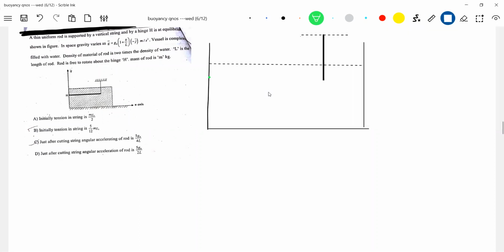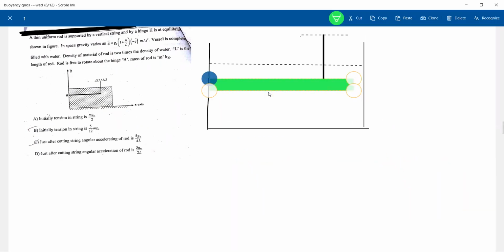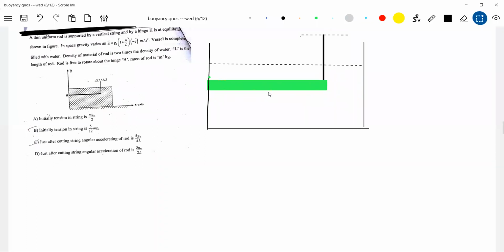Read the question, meanwhile I'll adjust the diagram. It is hinged here. The coordinate axes are y and x. The density of the material of the rod is 2 times the density of water. The density is constant, but g is variable. So how to manage?